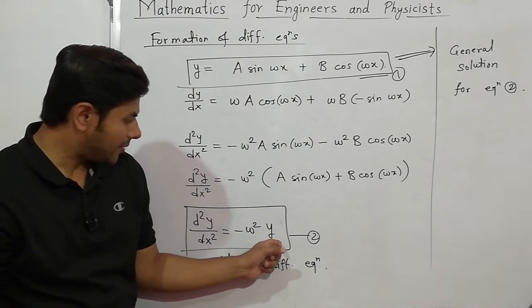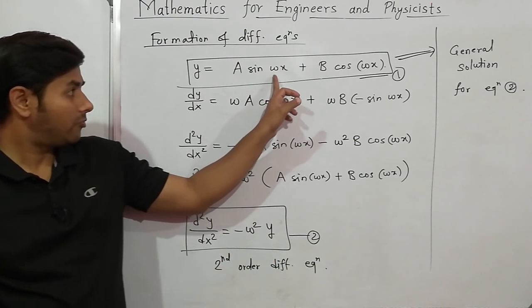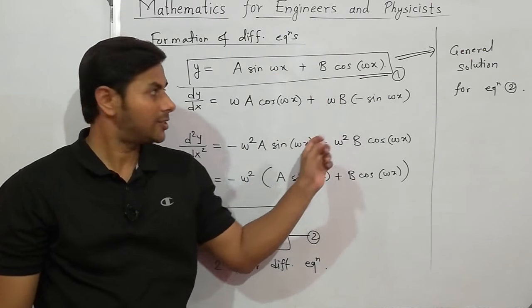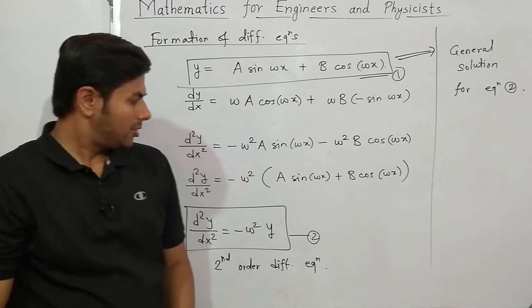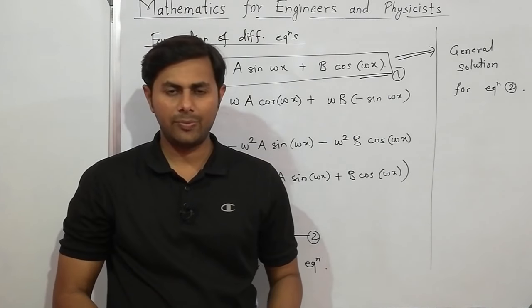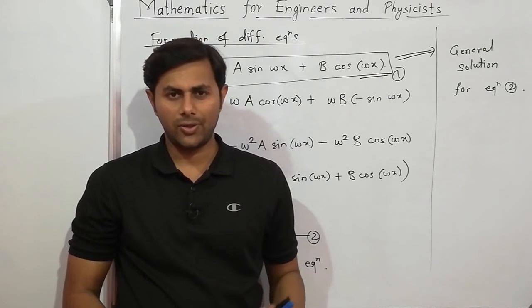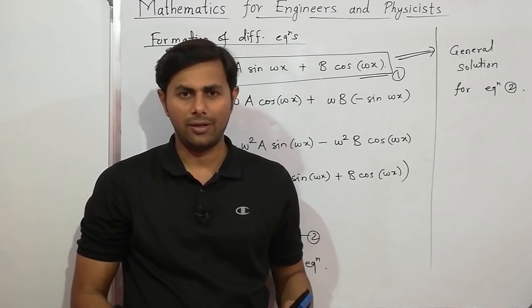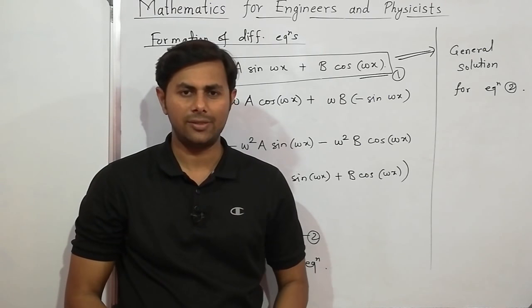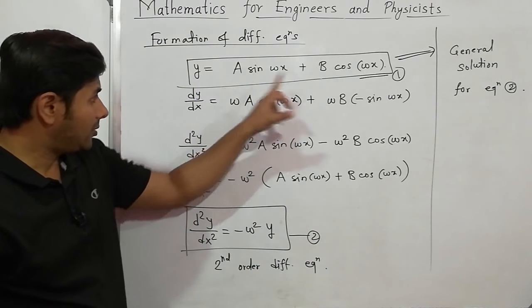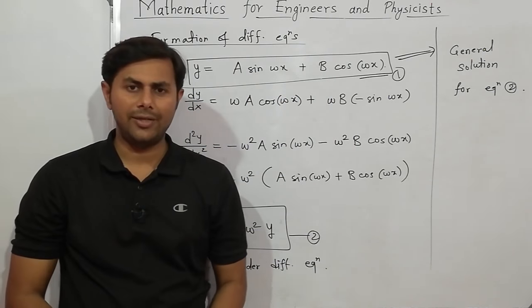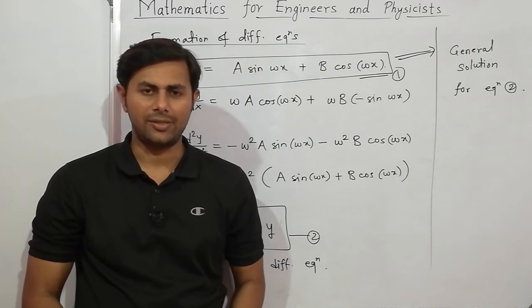So for second order differential equation, we have solution which contains two arbitrary constants. Okay, so for nth order differential equation, its solution will contain n arbitrary constants, the general solution, and value of these constants can be determined by some initial condition given in the problem.